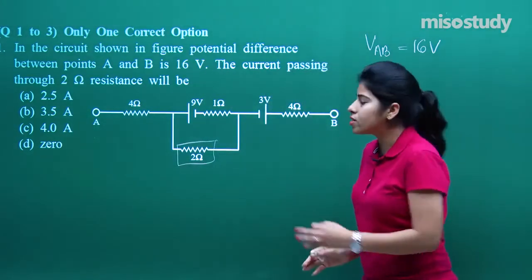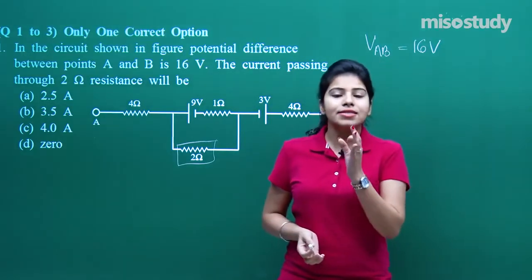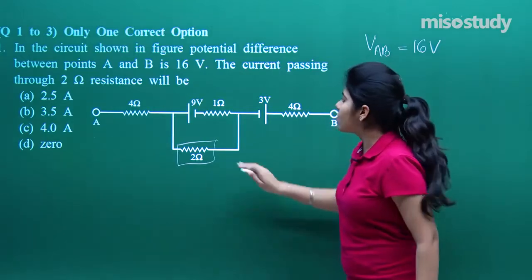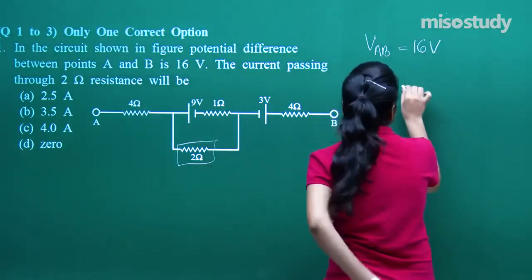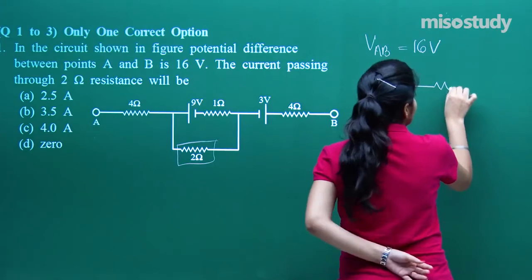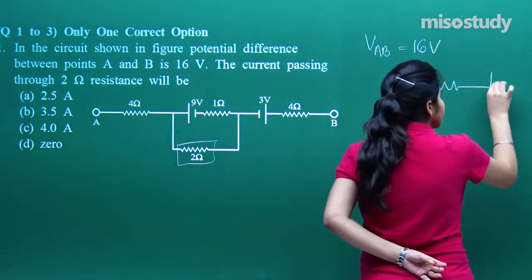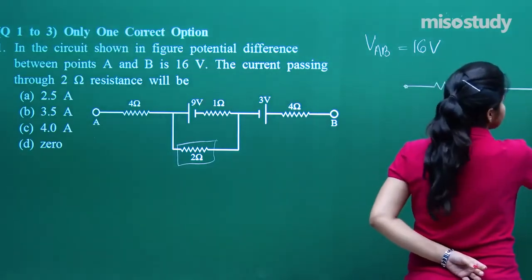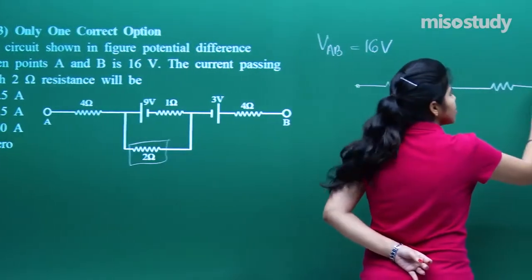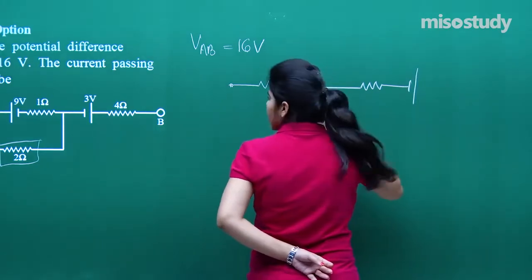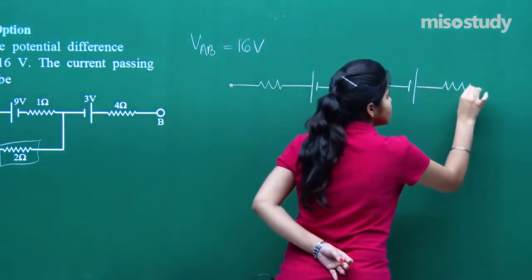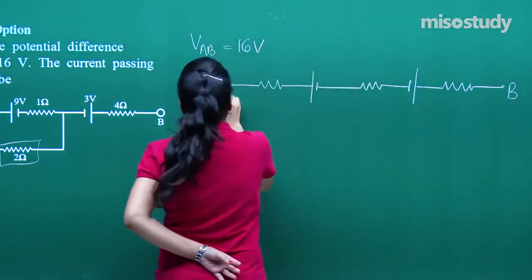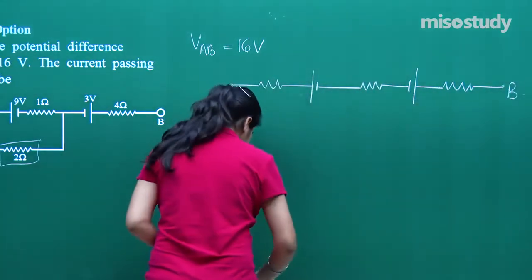Now what we have to do is first of all take the current in this circuit. Let me draw it again for you. This is a 4 ohm resistor. This is a battery with the bigger side on this side, then again a resistor, and then the smaller arm of the battery, then again a 4 ohm resistor, and then point B. This is point A. This is a 4 ohm resistor.